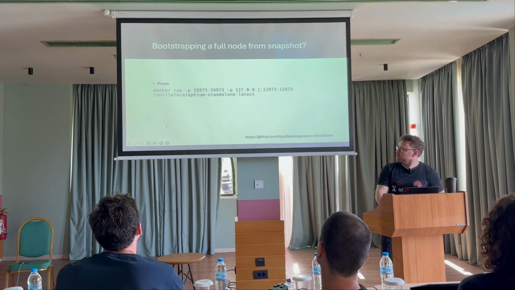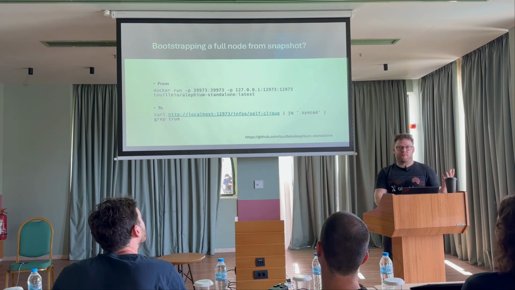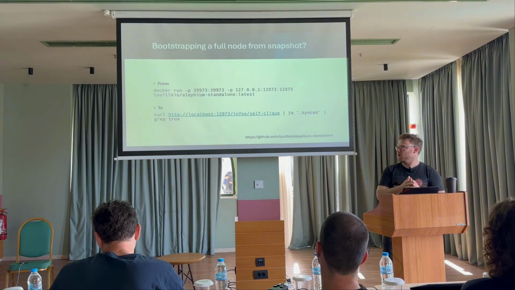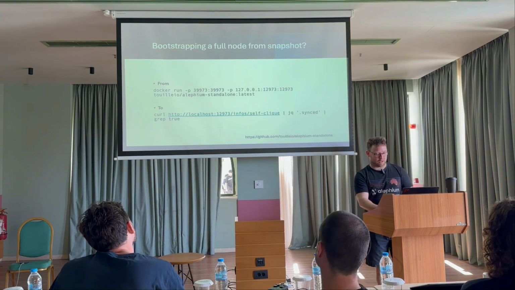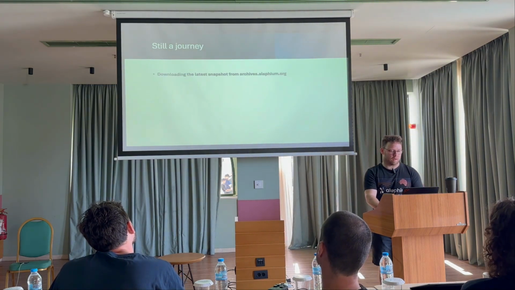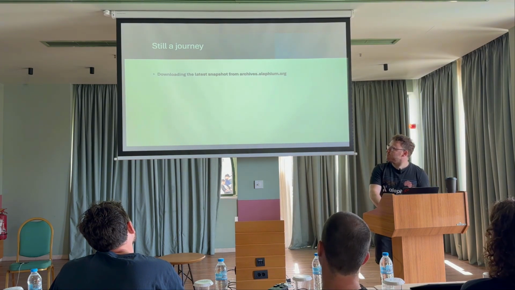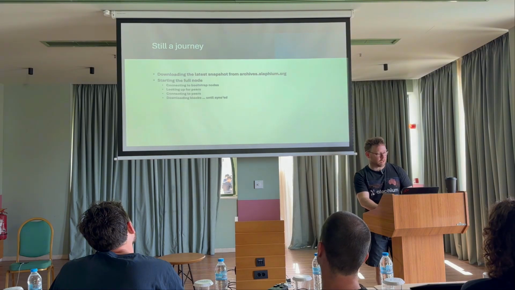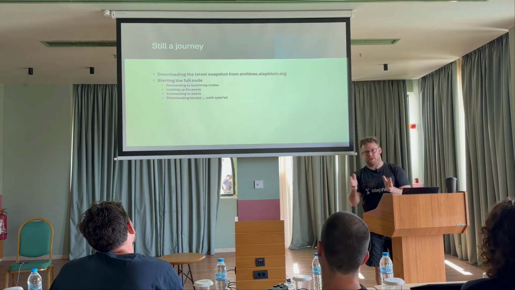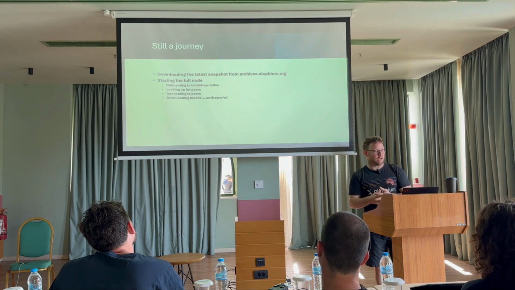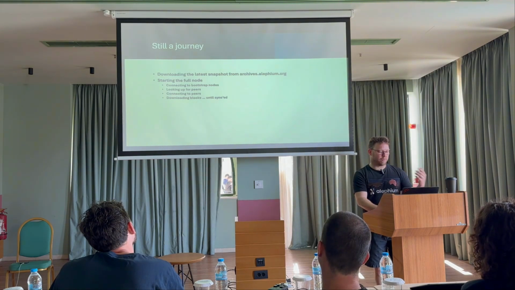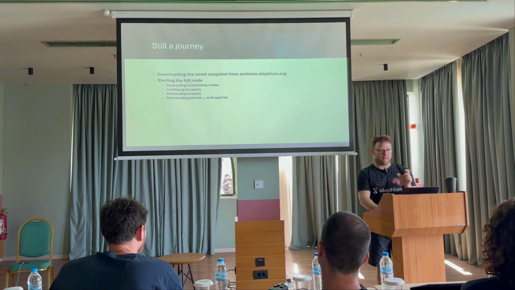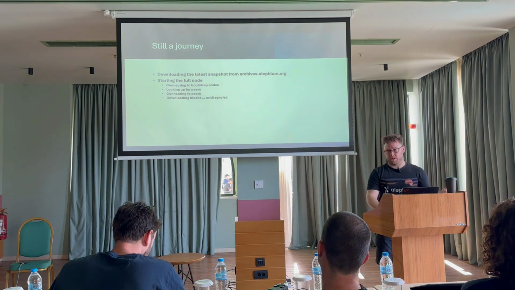So what we're doing is exactly the same, except that we are wrapping our full node with a bit of script, and this script is first downloading a snapshot from a website, the website being archive.alephium.org. And then once the archive is downloaded and decompressed or untarred, the process is exactly the same. It starts a full node, which looks at Bootstrap, looks at peers, connects to peers, and then starts getting in sync.